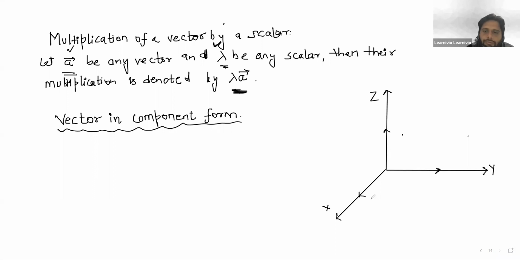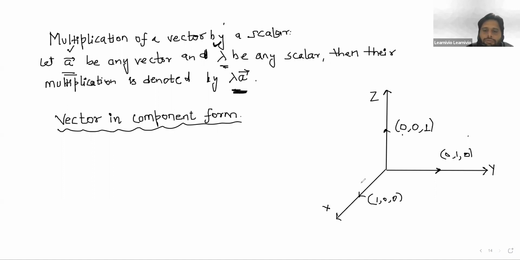I will represent this point as 1 comma 0 comma 0, this point as 0 comma 1 comma 0, and this point as 0 comma 0 comma 1.